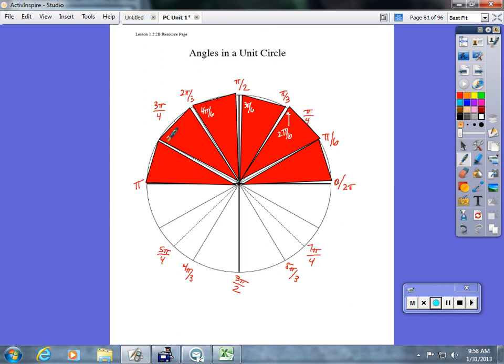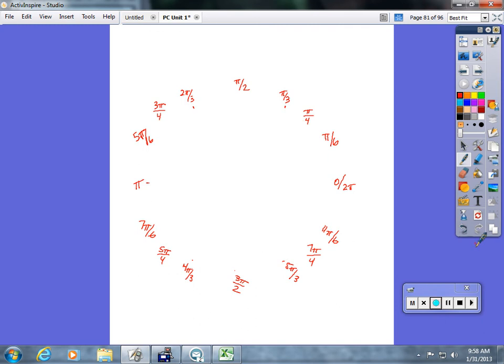And then we'd have 5 pi over 6, which is one that I need to record because that's a new one. 5 pi over 6. Okay. And then I have 6 pi over 6, which reduces to 1. 7 pi over 6. 8 pi over 6 reduces. 9 pi over 6 reduces. 10 pi over 6 reduces. 11 pi over 6. Okay? So there's your unit circle in radians.